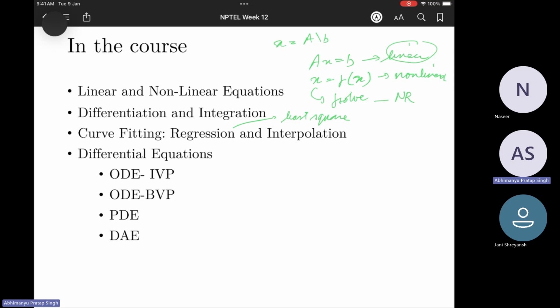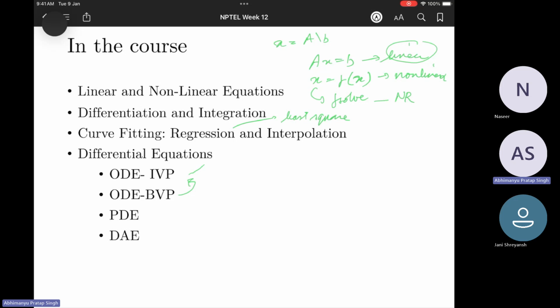And at the end, we saw the differential equations part, where we saw the initial value problem, boundary value problem, PDEs and DAEs. We also saw how to handle a boundary value problem with solvers like ode45, because all these solvers move forward in time. So it's not actually converting a boundary value problem to an initial value problem.